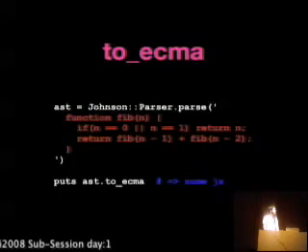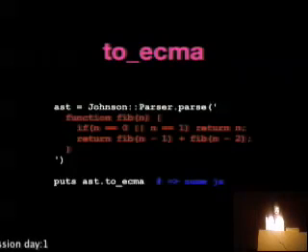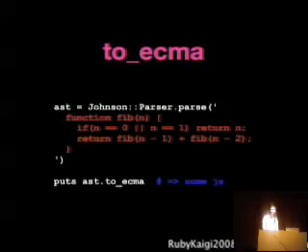Also is toECMA. toECMA will take your parse tree and turn it back into JavaScript. If you modify your AST, you can take the modified AST and turn it back into JavaScript. Johnson implements a visitor pattern, so if you'd like to walk each node of the parse tree, you can implement a visitor.